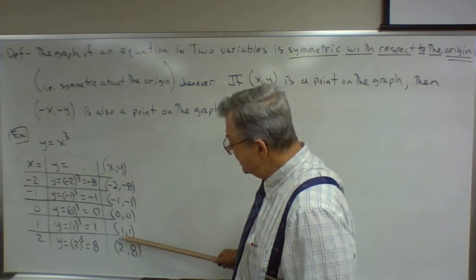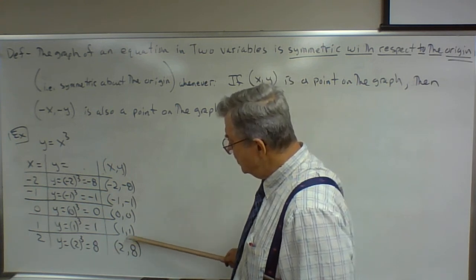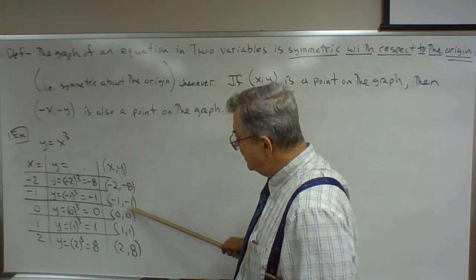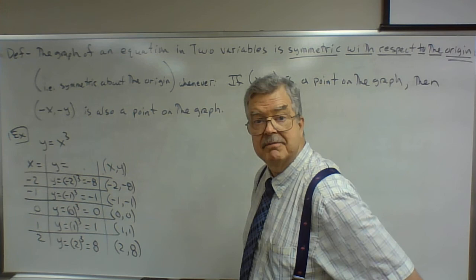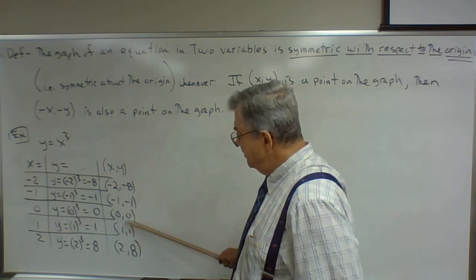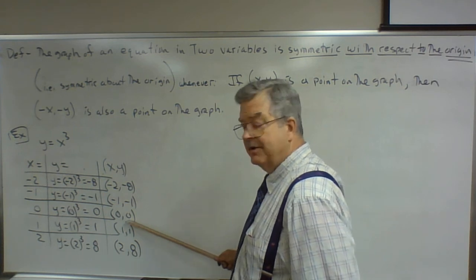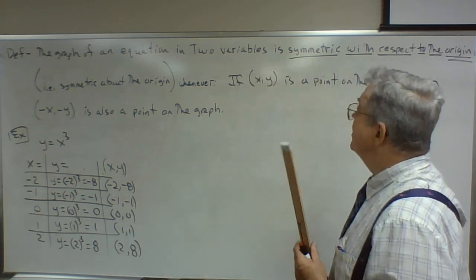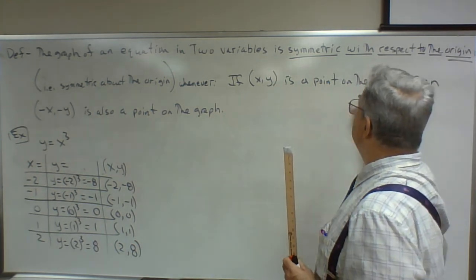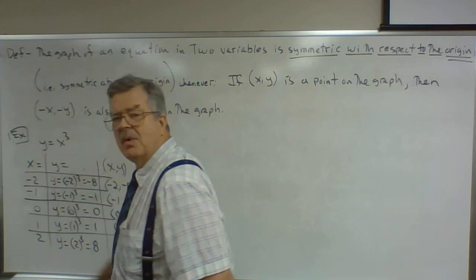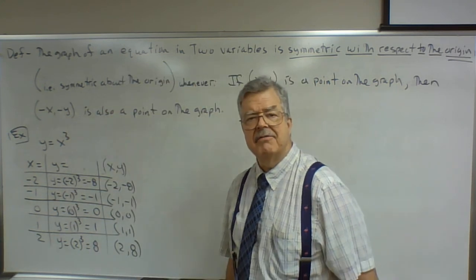Let's try this one. Take these two coordinates, 1 and 1. Make them both negative. We get (-1, -1). That's also on the graph. Well, take these two coordinates, 0 and 0. Make them negative. We still get (0, 0). So it looks like whenever (x, y) is a point on the graph, (-x, -y) is also a point on the graph.